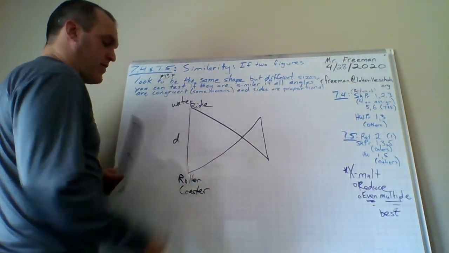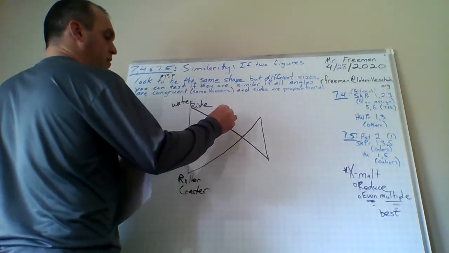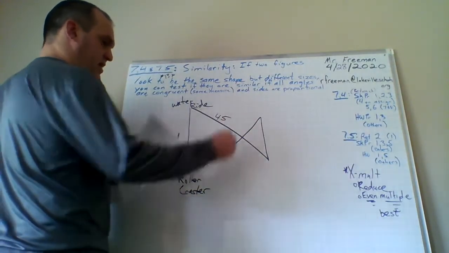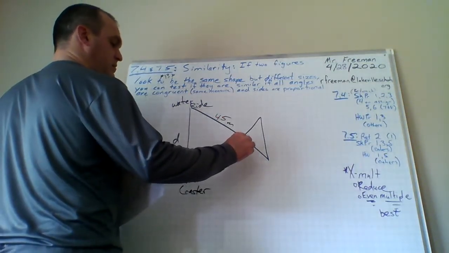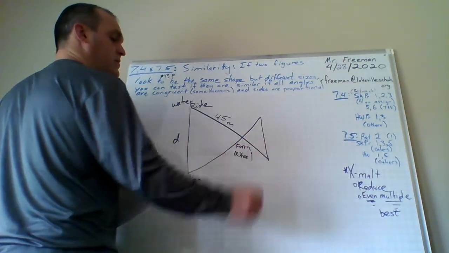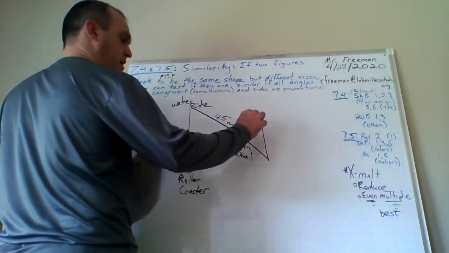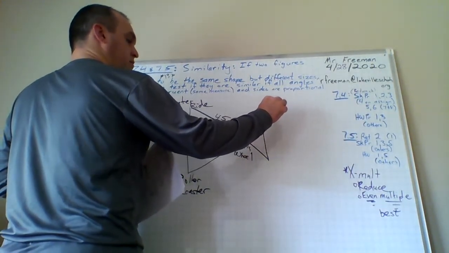Okay, we don't know how far it is to get from the water ride to the roller coaster, but we do know that there's 45 meters from the water ride to the Ferris wheel. And we do know that it's 21 meters from the Ferris wheel to the entrance.